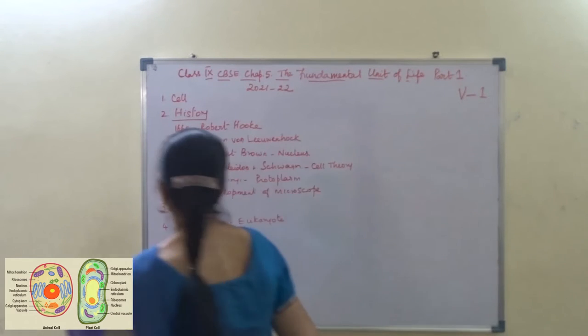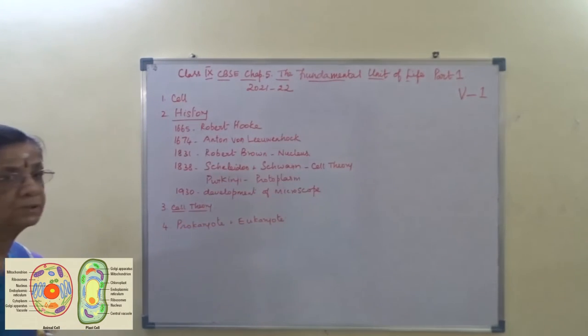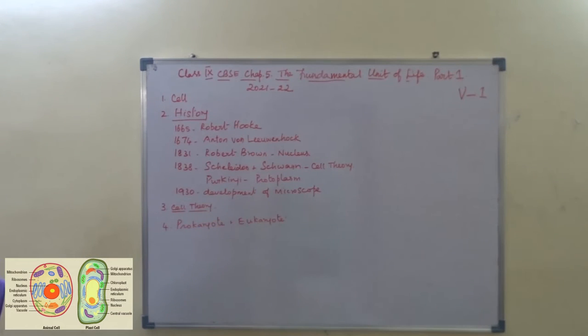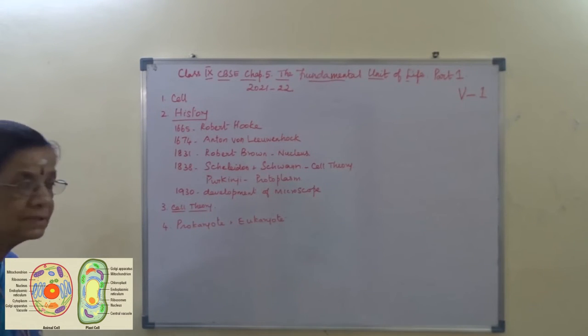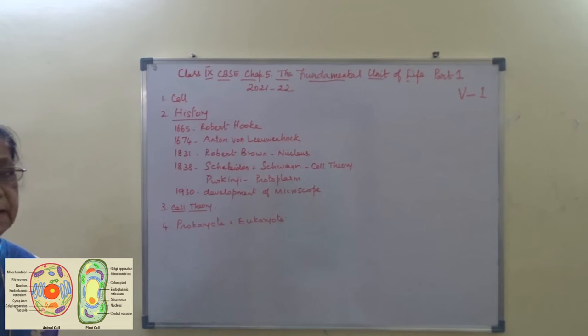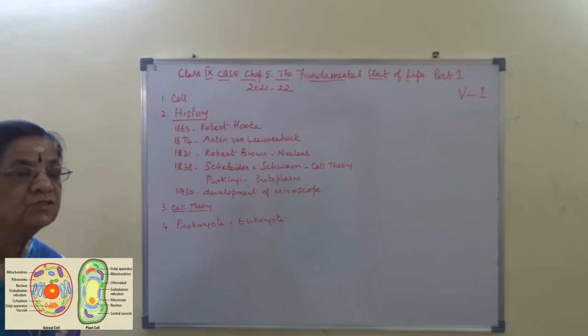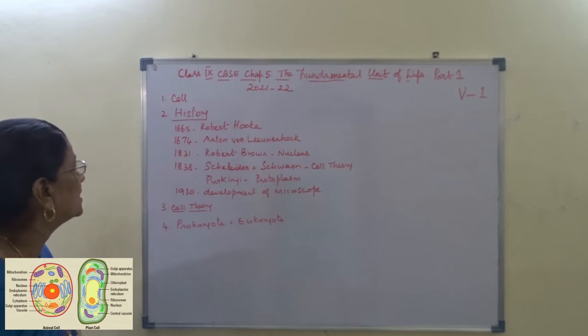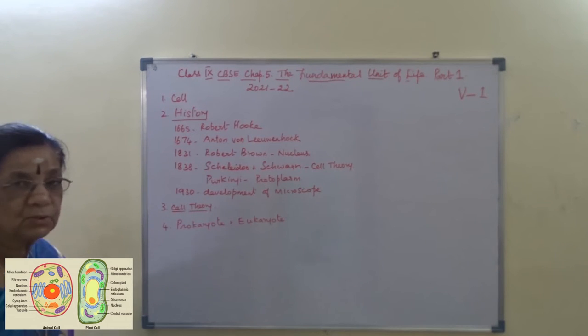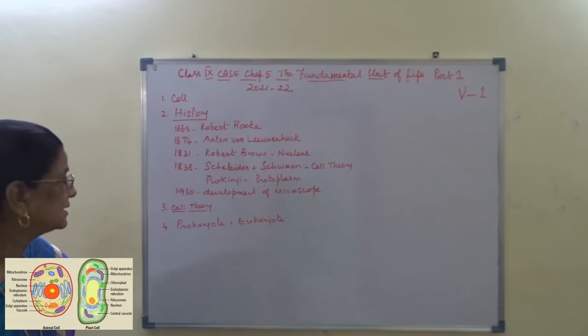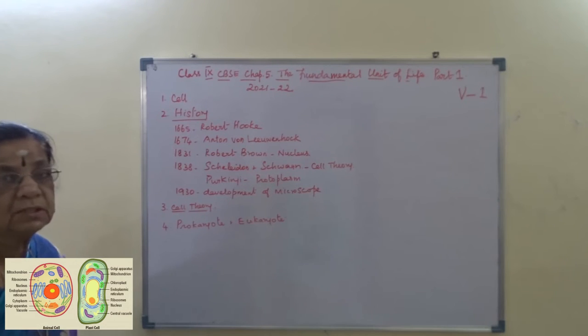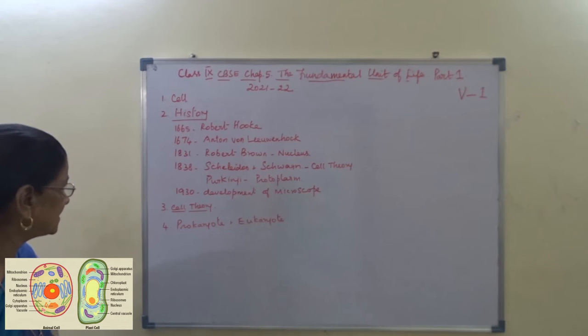So I say, 1665, Robert Hooke studied the structure of cell in a honeycomb-like structure, and Anton Leeuwenhoek identified the presence of sperm and protozoan. Robert Brown discovered the nucleus. Schleiden and Schwann stated the cell theory, and Purkinje coined the term protoplasm.